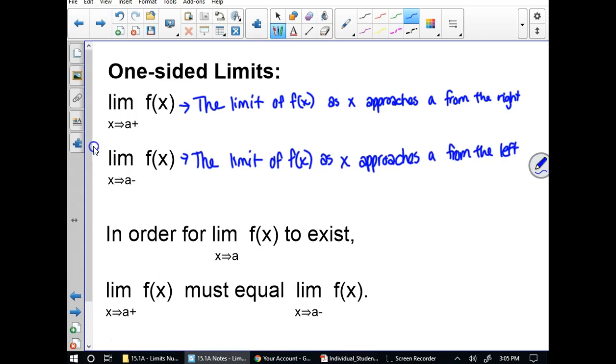So this is your right-sided limit, and this is your left-sided limit. Now, whenever you see the limit as x approaches A without a plus or a minus behind it, that means the limit as x approaches A from both sides of f of x. In order for that limit to exist, the limit from the left and the limit from the right must be equal to each other. Okay? So let's look at some examples here.